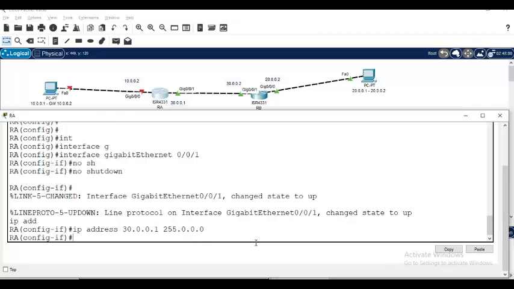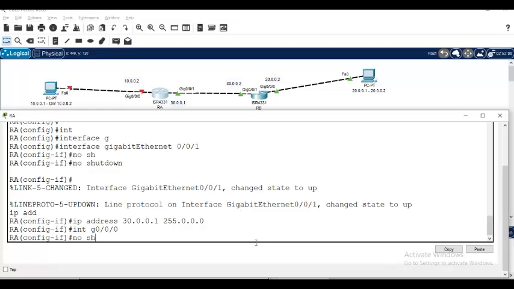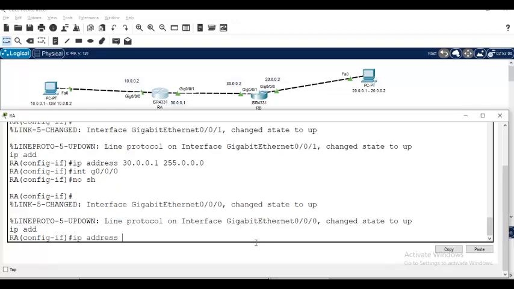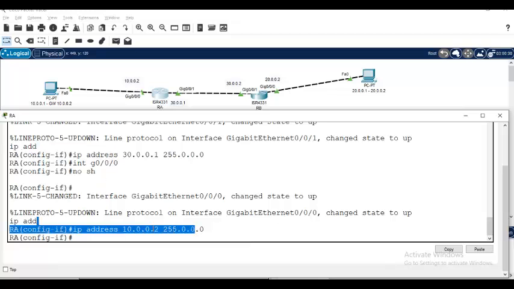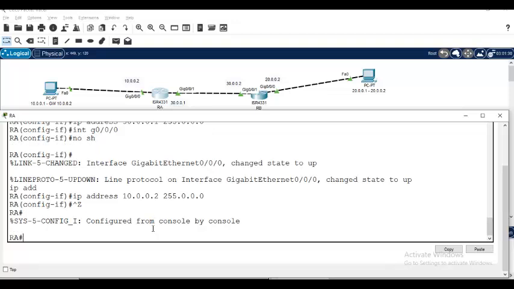Interface G0/0, 10. See, when you put the IP address on the interface, the routing table will automatically come. Show IP route.